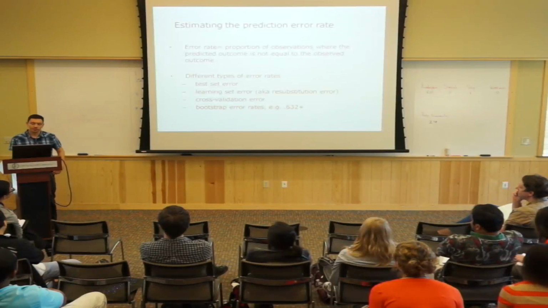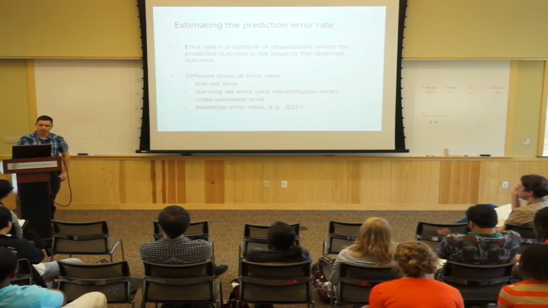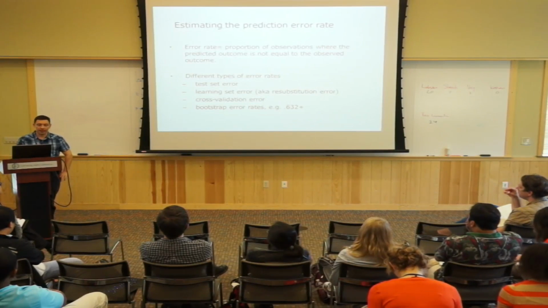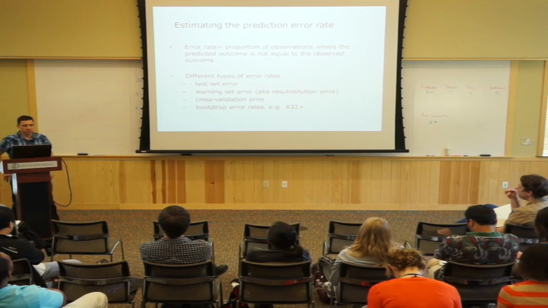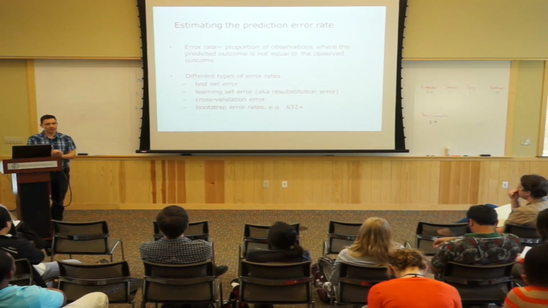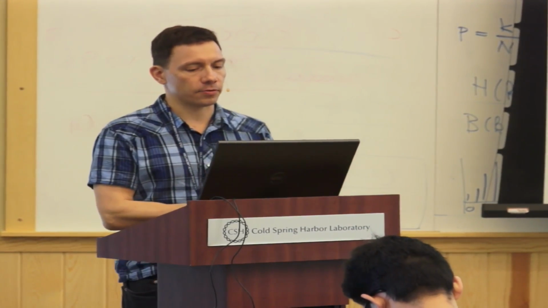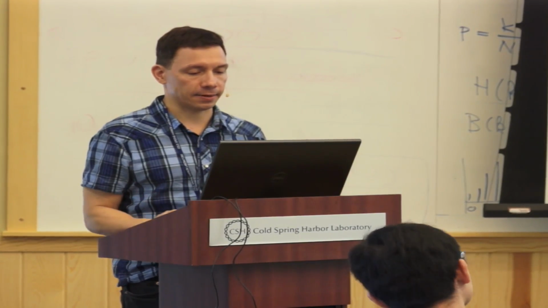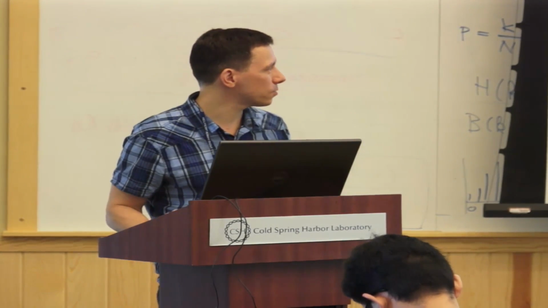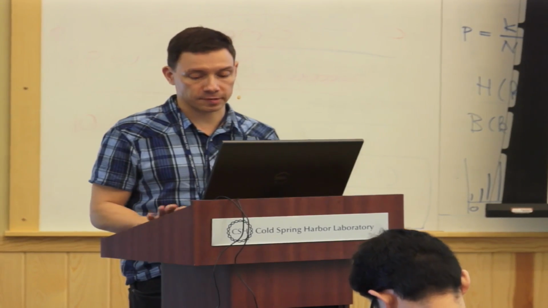All right. Now another famous term is cross-validation error. I'll come to it later, but this is an idea of arriving at an unbiased estimate of the error rate in the learning data. And then there are other techniques called bootstrap error rates, but I will not discuss them.